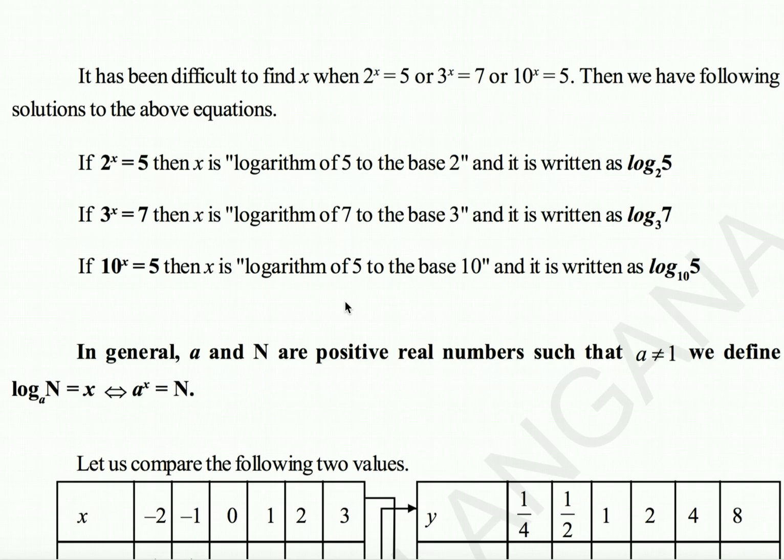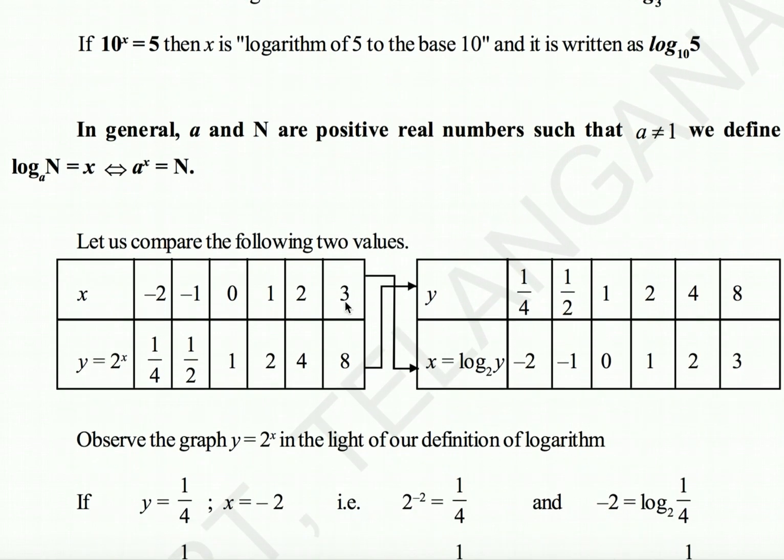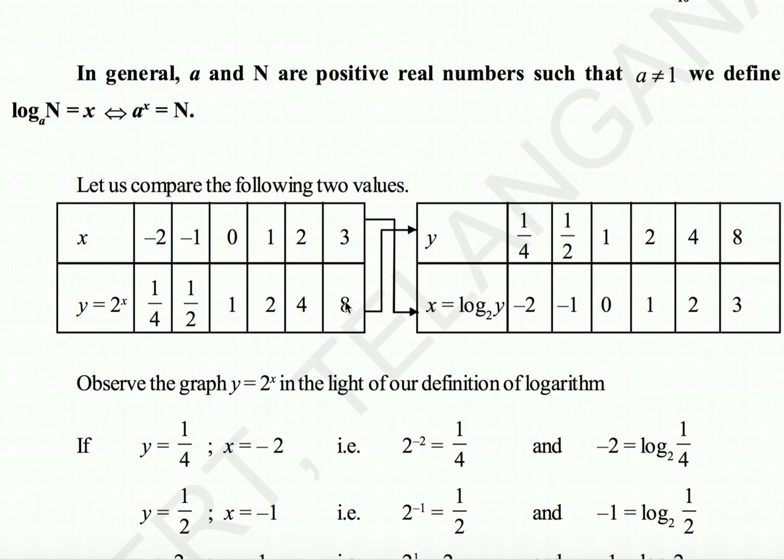Here x is the logarithm of 5 to the base 10, log 5 base 10. In general, a and n are positive real numbers such that a not equal to 1. We define log n base a equal to x, then a power x is nothing but n.